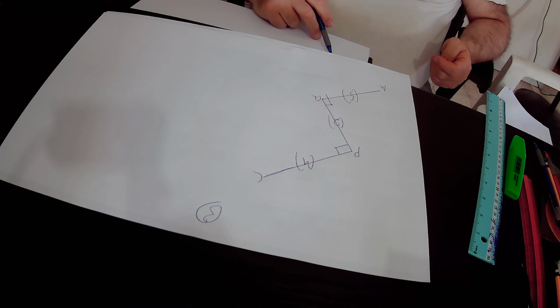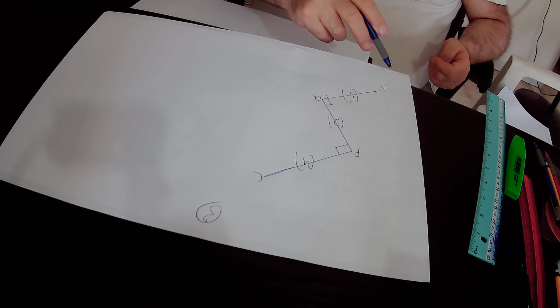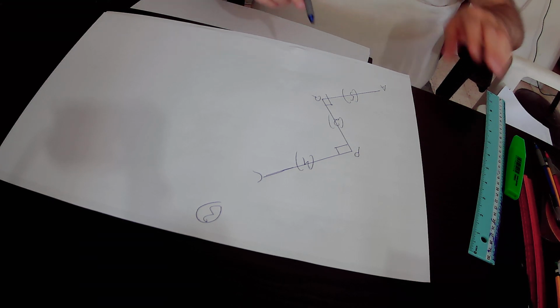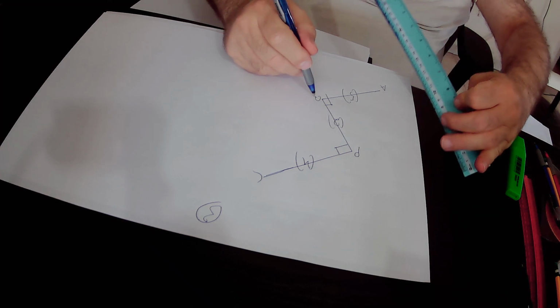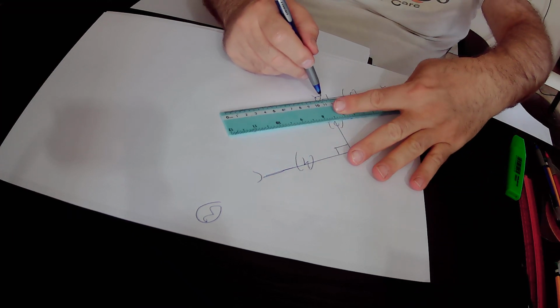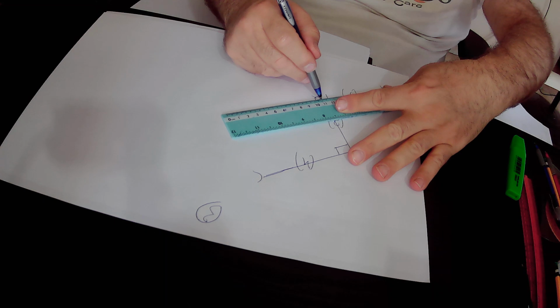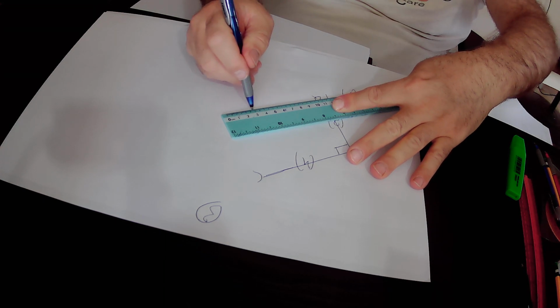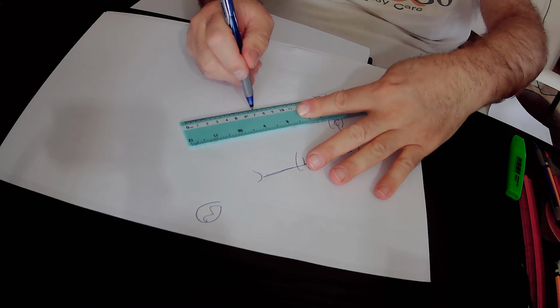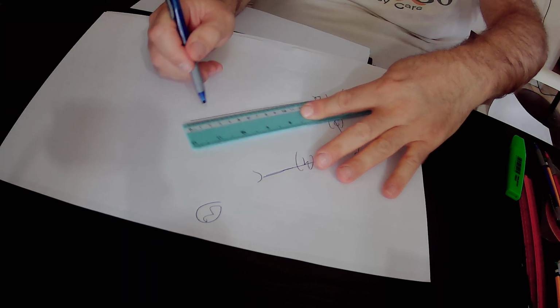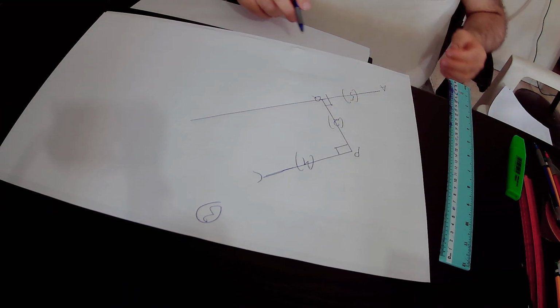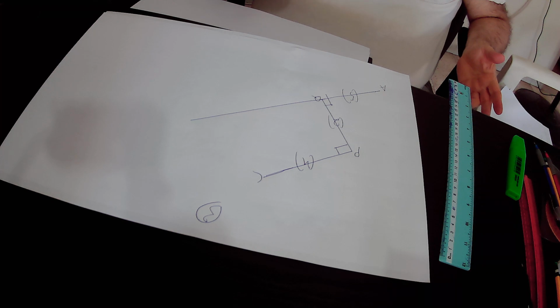In the next step, we will extend the straight line AQ by a straight line. When you extend a straight line by a straight line, the result is a straight line.